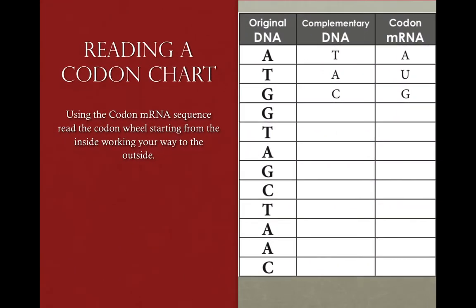Remember, those first three letters are A, U, G. The next three letters were G, and I'm writing this down myself real quick.